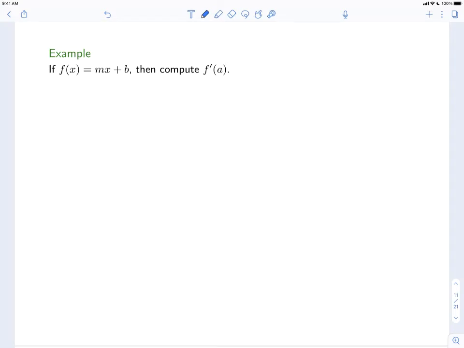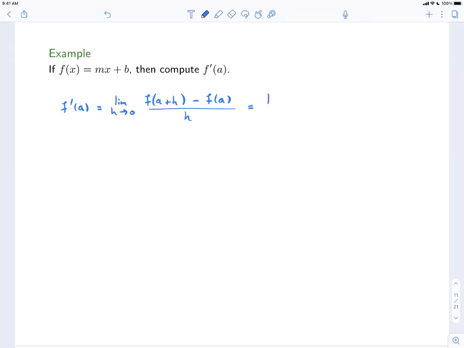So let's do that. F prime of x is equal to the limit as h goes to 0 of f of x plus h minus f, oh, not x, we're doing this at a. So this should be an a, and that should be an a. Minus f of a. There we go. Divided by h.